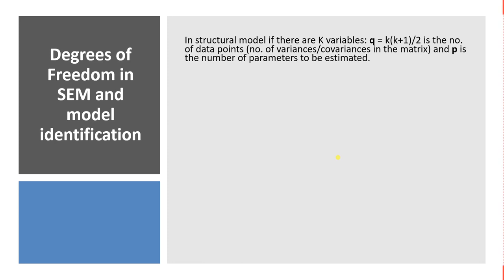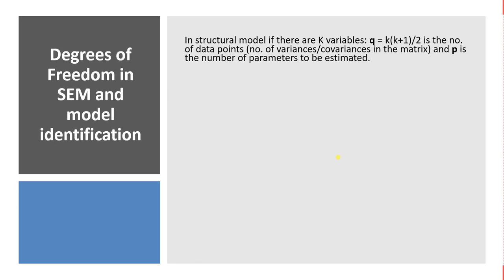I have tried to give one example of how we can calculate the degrees of freedom. Suppose we are working with a structural relationship model, a path analytic model, and there are k variables to be interlinked with each other. Then we can define one quantity q, and q is k into k plus 1 divided by 2.